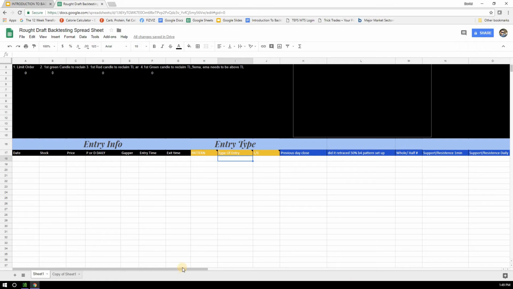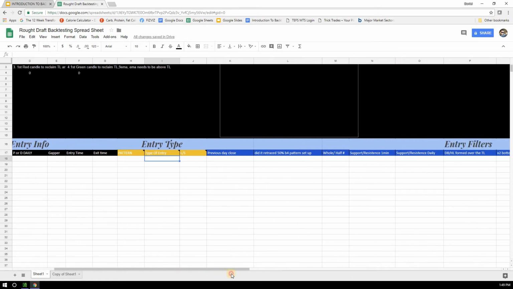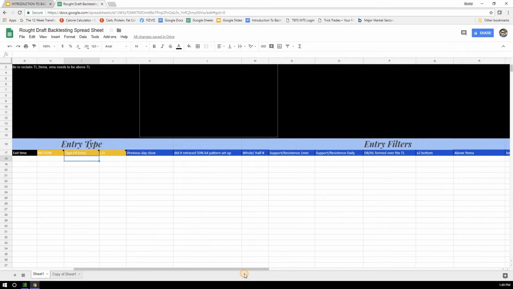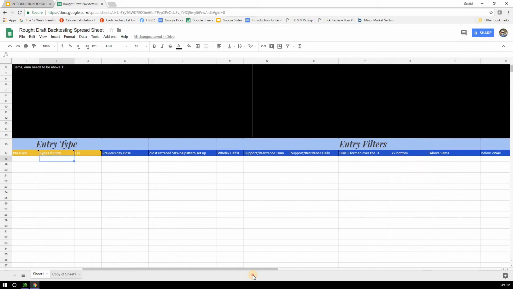And then after that, it's the filters, and this is what's really going to make your strategy very powerful. What filters mean is very simple.